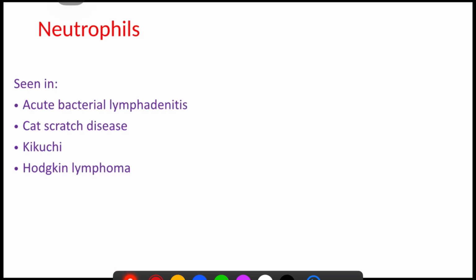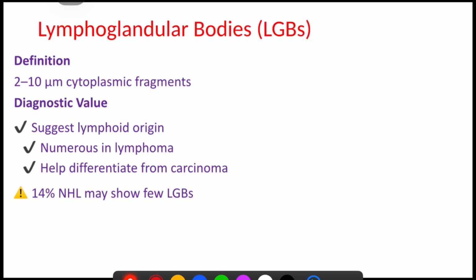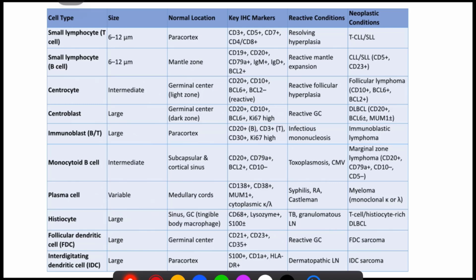Neutrophils are seen in acute bacterial lymphadenitis, cat scratch disease, Kikuchi and Hodgkin's lymphoma. Lymphoglandular bodies are nothing but cytoplasmic fragments of these cells. They are 2 to 10 micron in size, and suggest lymphoid origin, numerous in lymphoma. They help differentiate from carcinoma, and 14% of non-Hodgkin's lymphoma may show few lymphoglandular bodies.